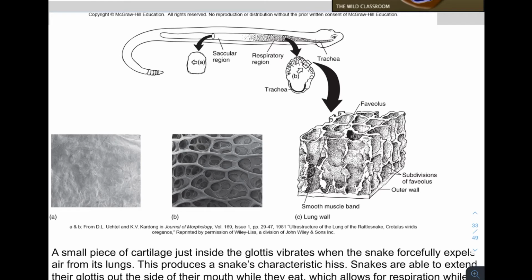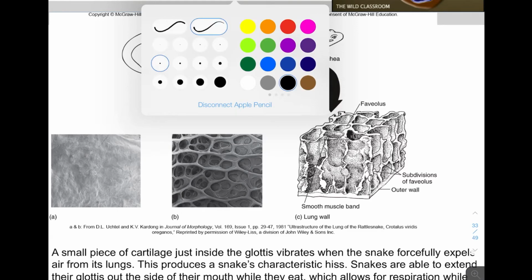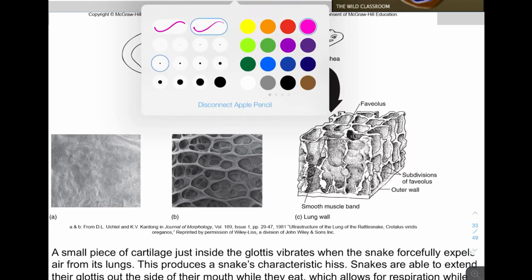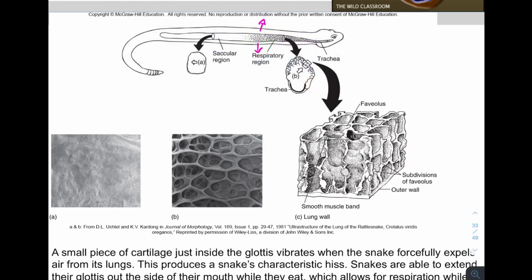When a snake is not eating, it can expand its rib cage outwards and allow for air to go in by changing the size of the thoracic cavity. So if we expand it outwards by bringing the ribs out, then air will go from a higher pressure outside the snake to a lower pressure inside the snake.